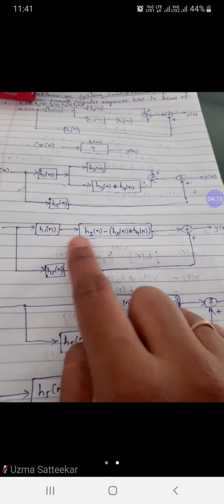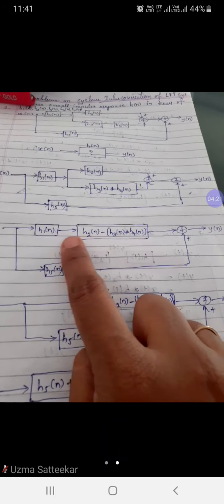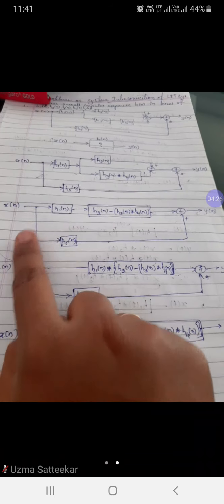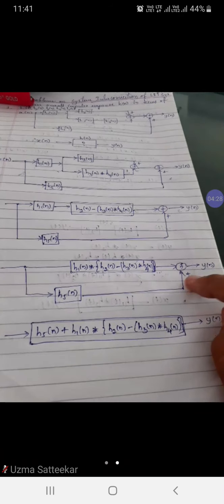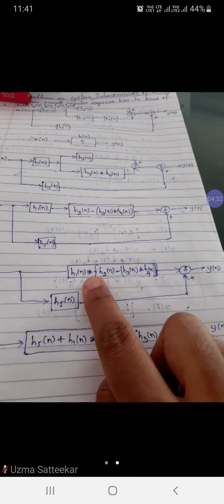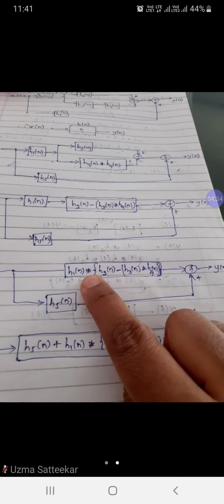Then in the next step, these two blocks are connected in series. Series means again we need to use convolution. So in the next step, x as it is, y as it is, summer and h5, and instead of this series connection we go for convolution.